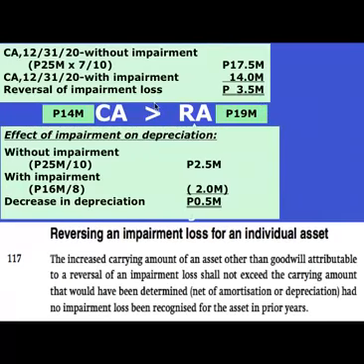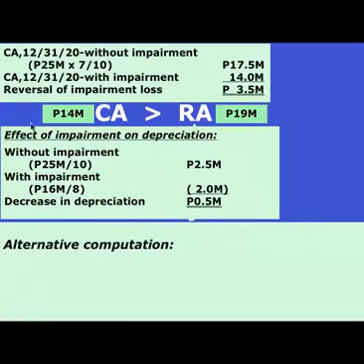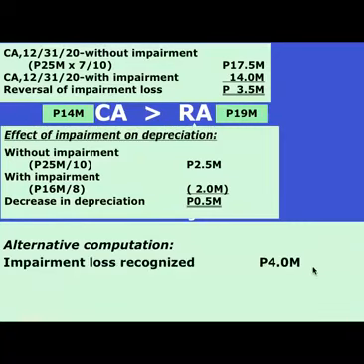Okay? So, based on that, here's the alternative computation to get the reversal of impairment loss. We can actually start from the impairment loss. Kasi kung 4 million ang impairment, dapat 4 million ang ma-reverse. Yun nga lang, we need to consider what happened to depreciation because of impairment. And in this case, what happened?